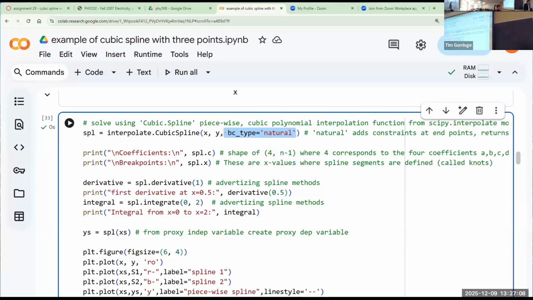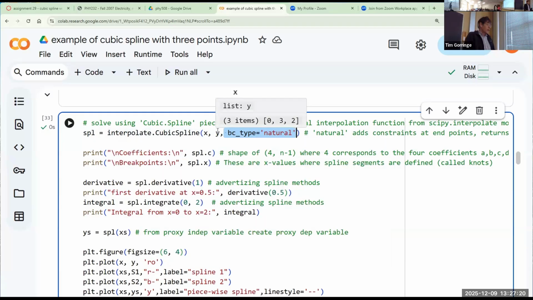And so if you want to use that assumption, you provide this argument for the cubic spline. If you look up the manual for cubic spline, there are other assumptions that you can use for the endpoints.